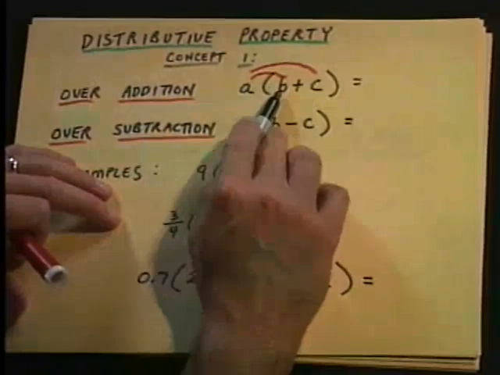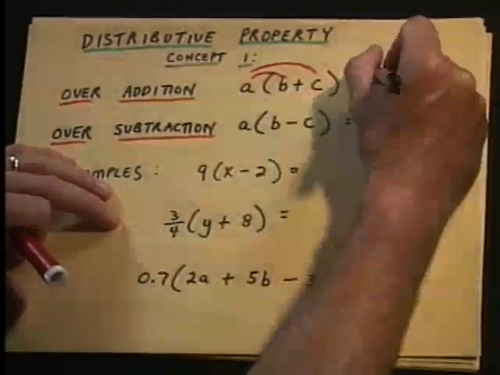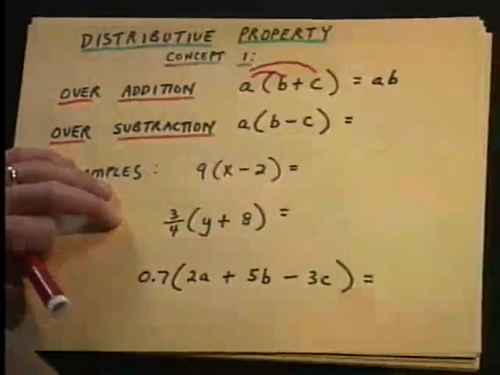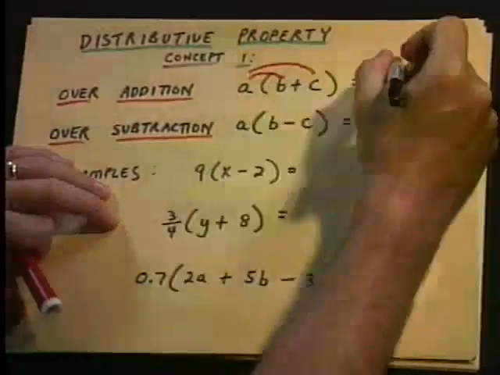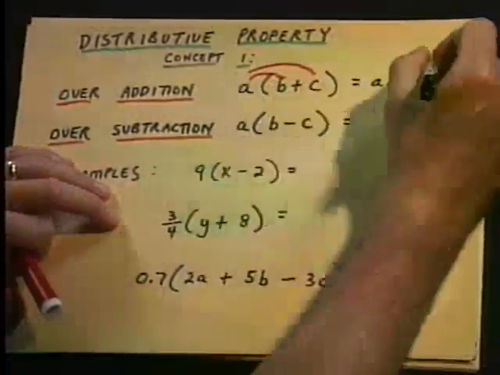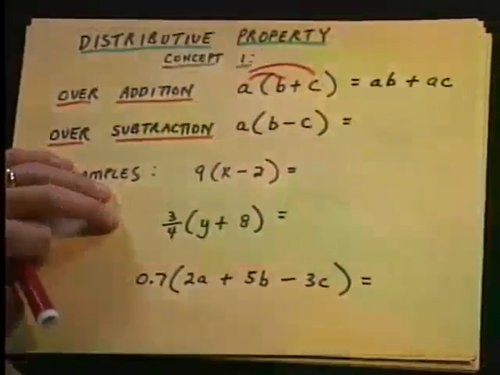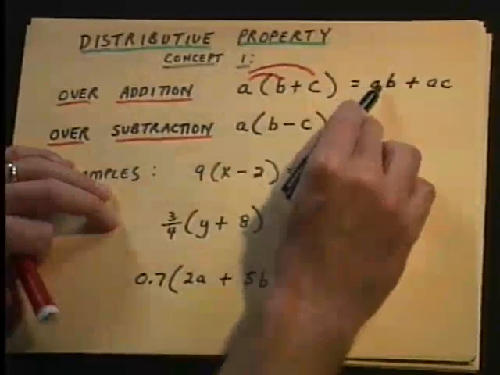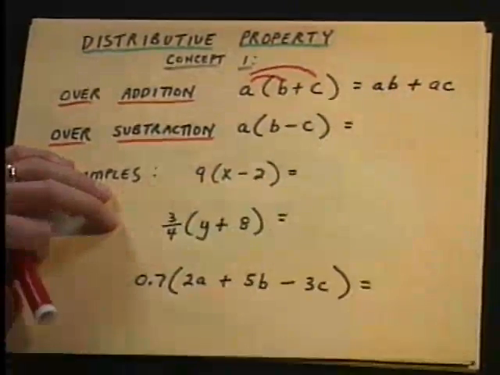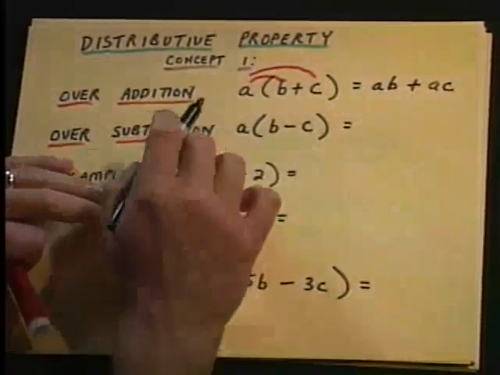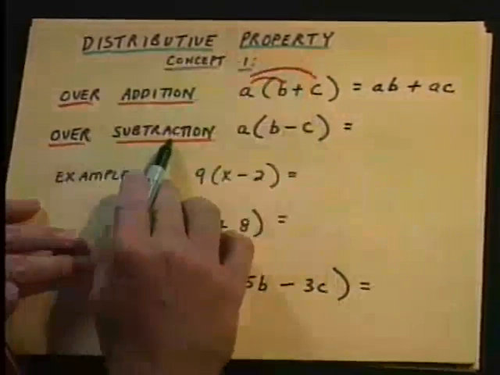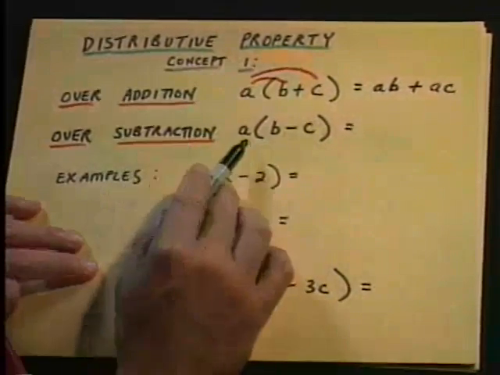So how do we write A times B from previous lessons? Well, the easiest, laziest way to write it is AB. Plus A times C is AC. Now you could put the dots or parentheses around these or so forth, but that's the generally accepted way. The distributive property over subtraction, same principle.